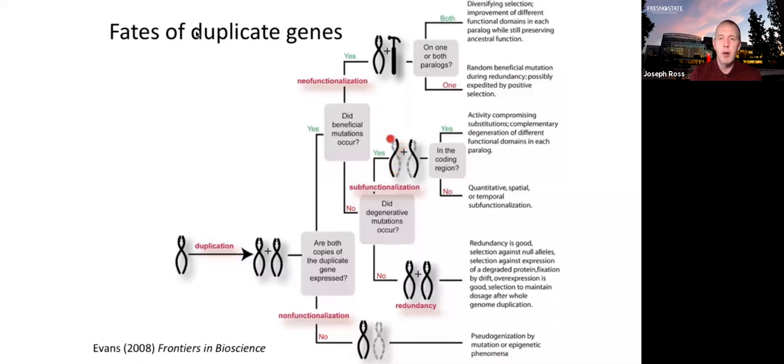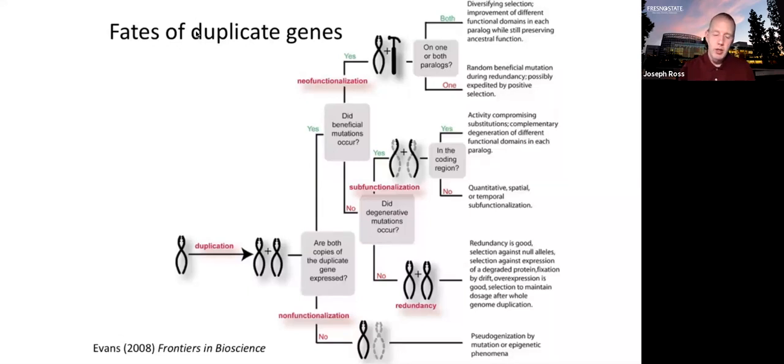One of the opportunities it has is that the original protein maybe had two different jobs it did inside the cell. So when you've got two copies of the gene, if each copy sustains different mutations by chance, that means that one copy, copy one of the gene, one paralog, might get a mutation that disables its ability to bind to DNA, but it still has its enzymatic function to phosphorylate some other protein.